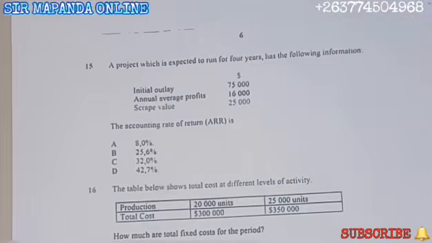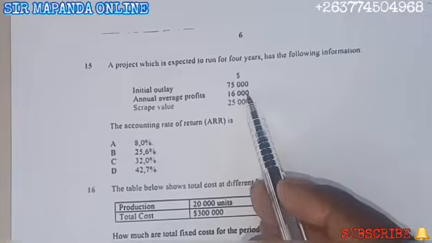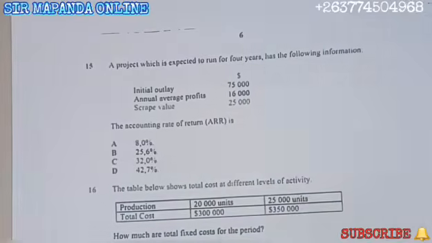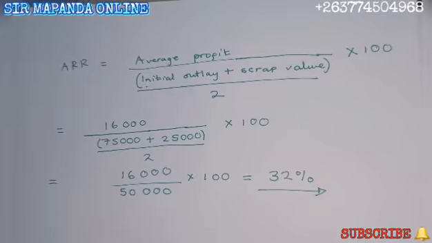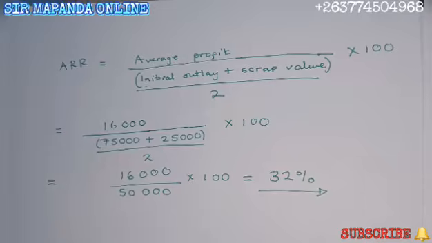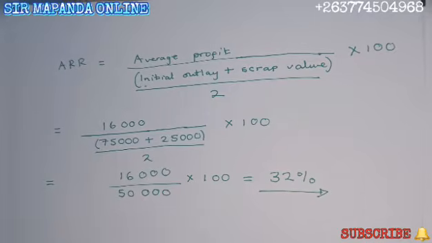A project which is expected to run for 4 years is the following. Then we are given the annual average profits of 16,000, scrap value and the likes. What is the accounting rate of return? Right, so accounting rate of return is equals to average profit over average capital.